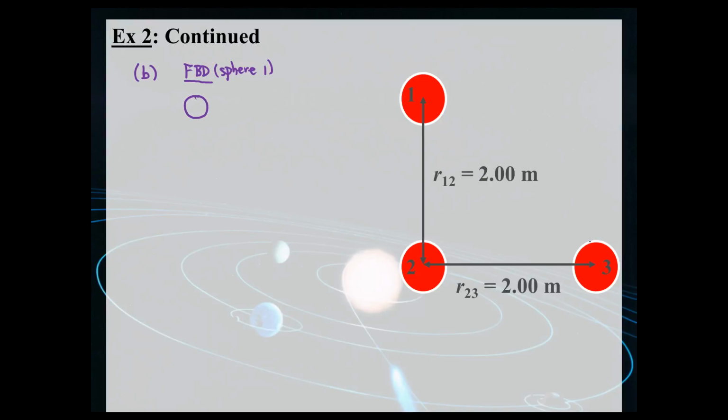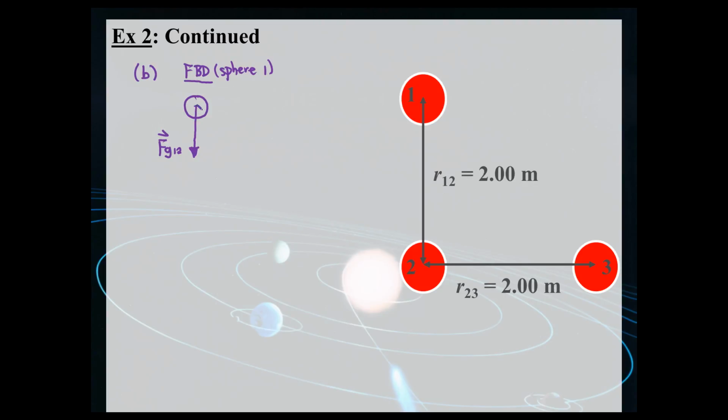Let's pretend 3 doesn't exist for a second. So we're going to apply the superposition principle. If 3 doesn't exist, what does 1 want to do? It wants to attract towards 2. So that'd be a gravitational force that's straight down. So we're going to call that FG 1, 2. And then if 2 doesn't exist, what does 1 want to do?